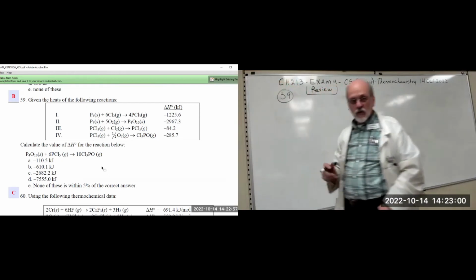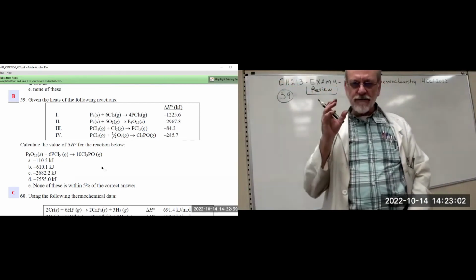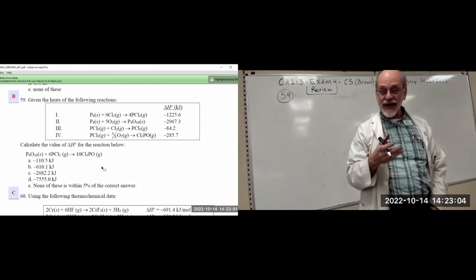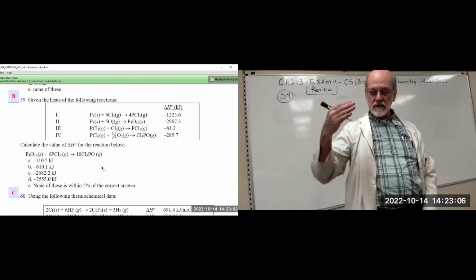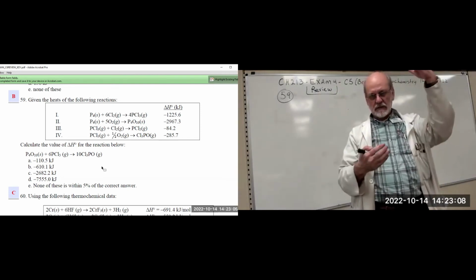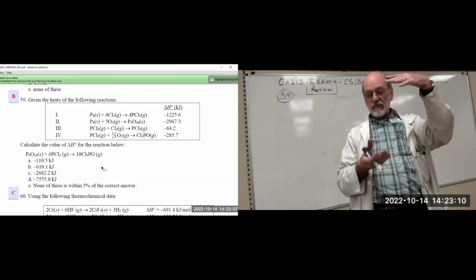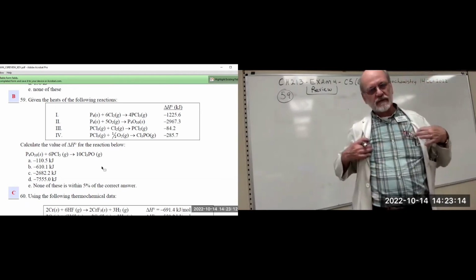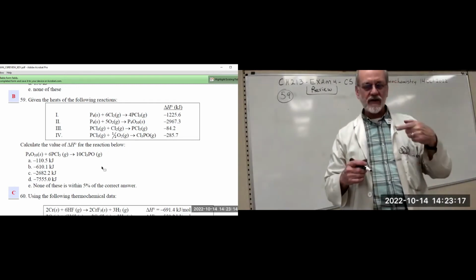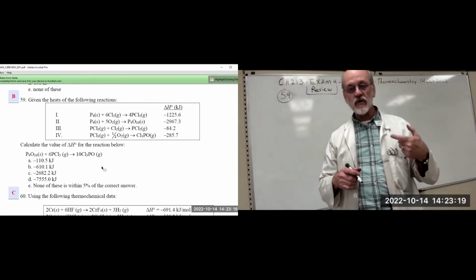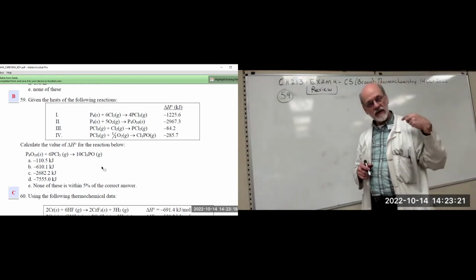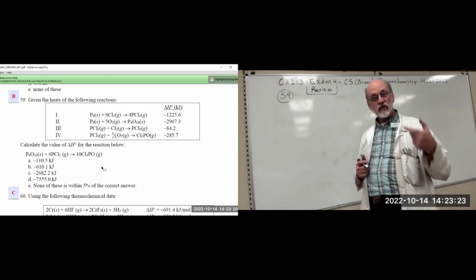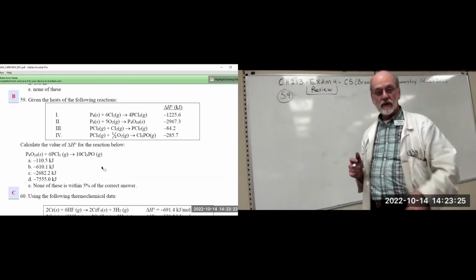When you're working a Hess's law problem, you want to find the enthalpy for a reaction based upon the several reactions that you combine. You start with the target reaction first, and that tells you which ones of the other reactions are going to be useful in getting to your goal.